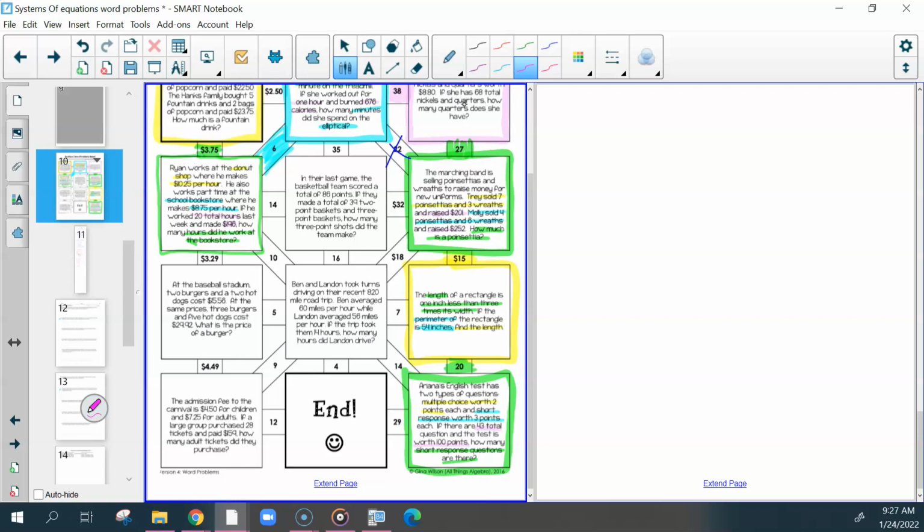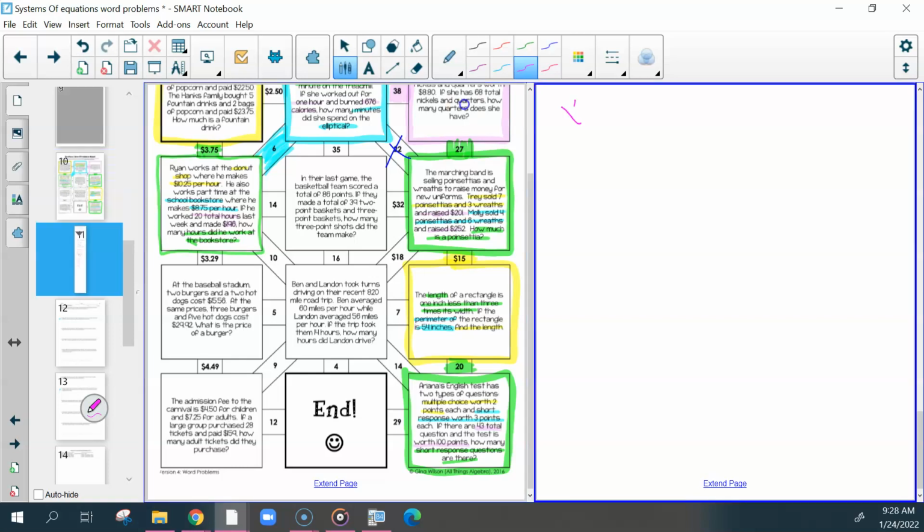So we can say M and S, C and R, X and Y. I'm just going to use X and Y because we're graphing. These would represent what?